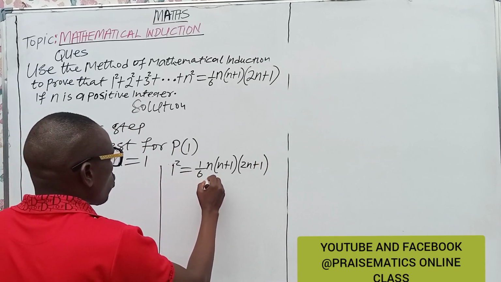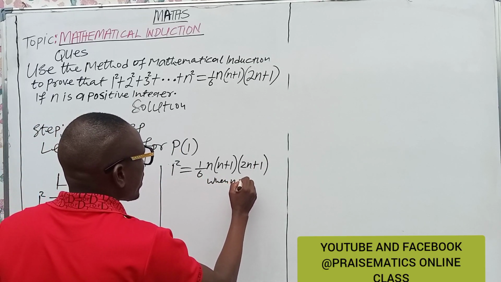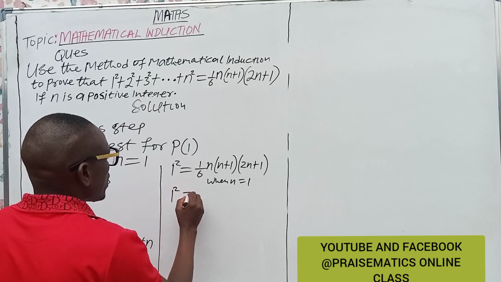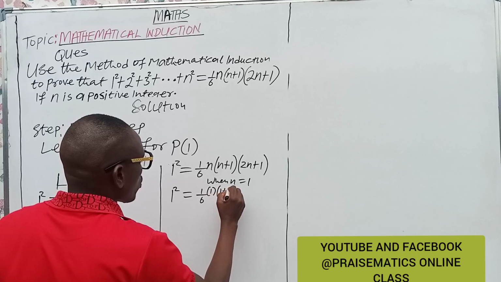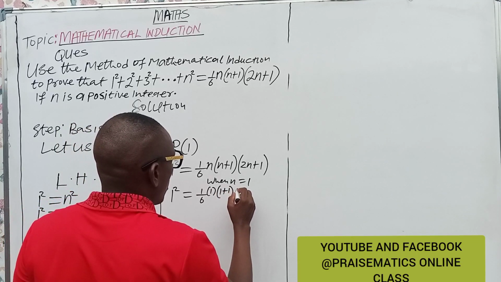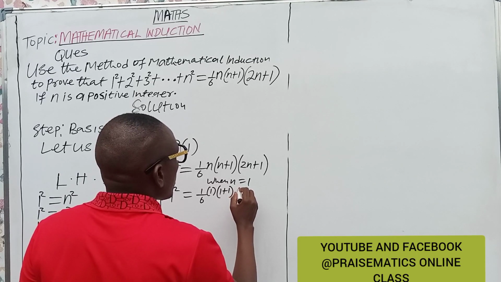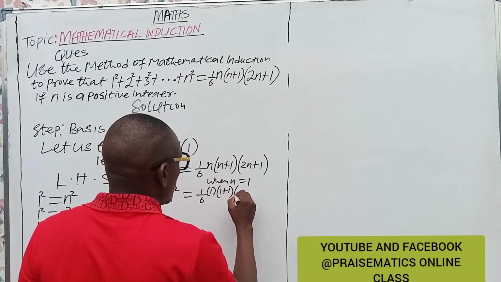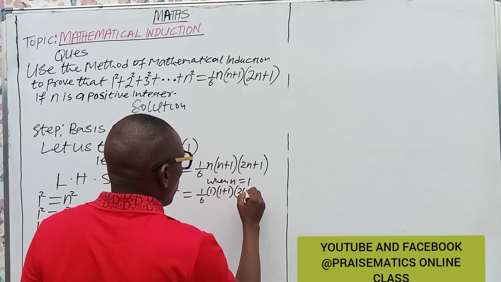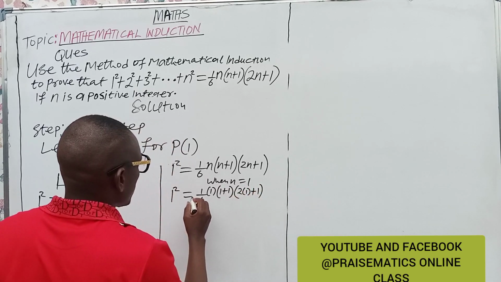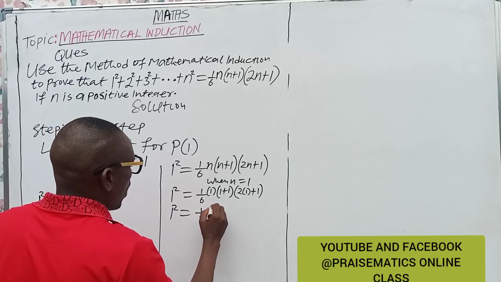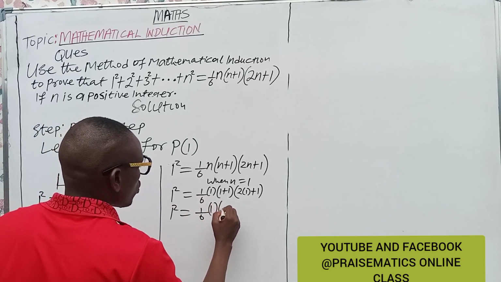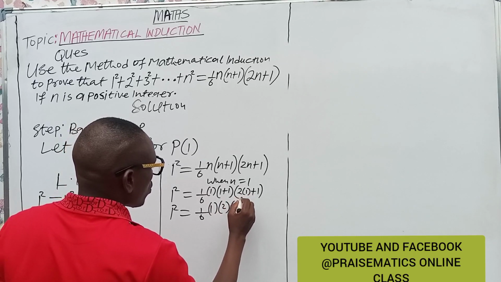When n equals 1, we have 1 square is equal to 1 over 6 into (1 plus 1) into (2 into 1 plus 1). Close it.